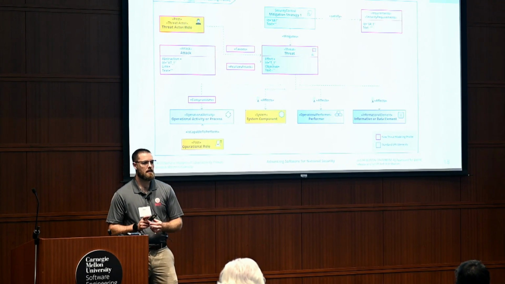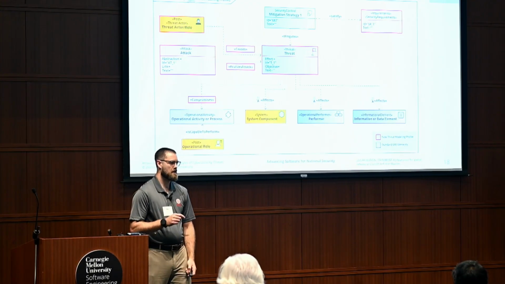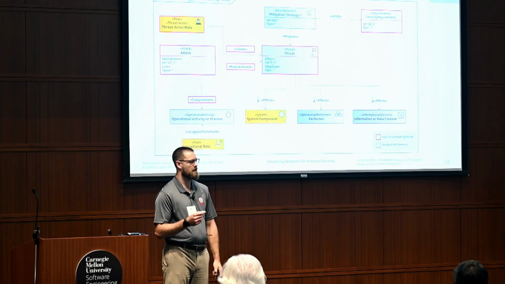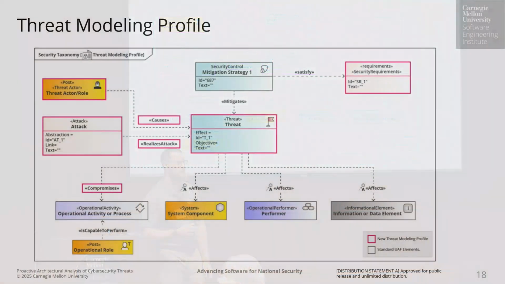So I mentioned that we base our process off of UAF and the UAF modeling language. If anyone is very familiar with that standard, you probably saw a couple of relationships that are not in UAF on that last slide. So to adequately capture all of the information that we needed to do threat modeling, we had to extend UAF slightly. Greg talked about a custom profile earlier. It's very similar.